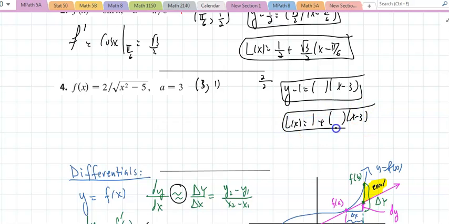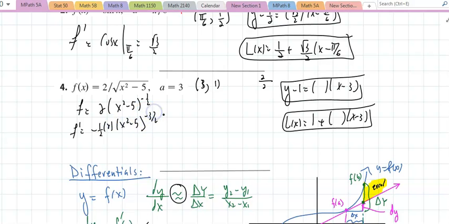Of course, you could distribute that in and clean it up. Well, what do I need? I need the derivative. Can't I say before I get there that f is actually 2 times x squared minus 5 to the negative 1/2? And f prime will be negative 1/2 times 2 times x squared minus 5 to the negative 3/2 times 2x.